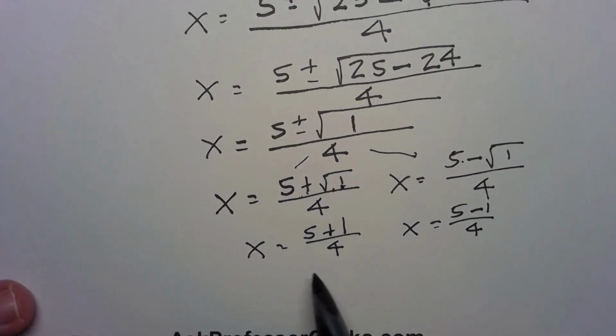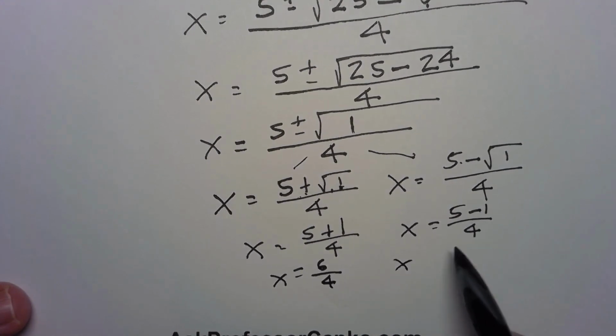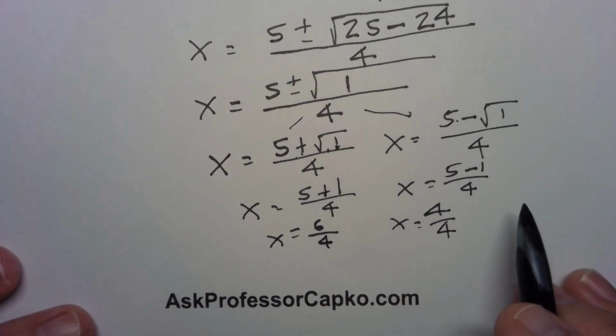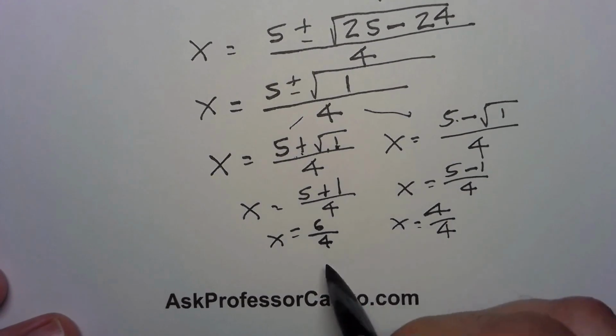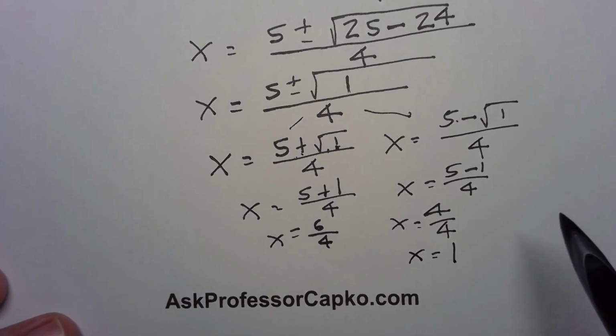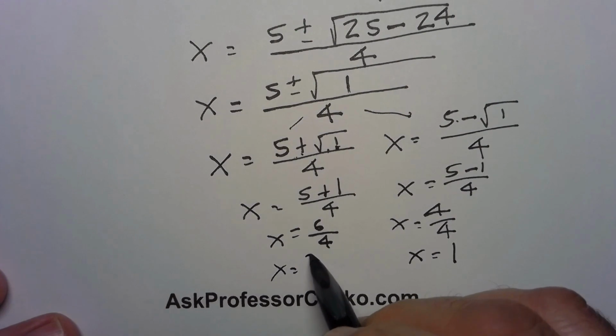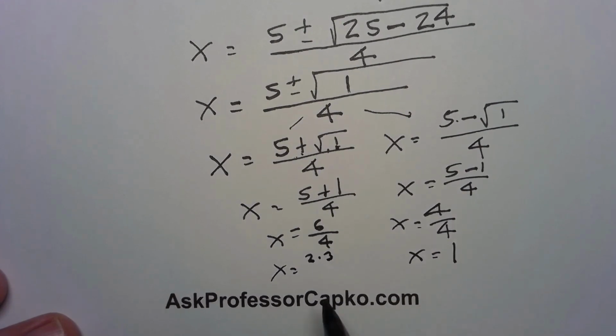We'll clean it up a little bit more. X is equal to 5 plus 1 is 6 over 4. And over here I've got 5 minus 1 is 4 over 4. We're getting very close to the end here. 4 over 4 is easy. That's 1. So our x is equal to 1 there. And then we can reduce this, right? 6 is 2 times 3.